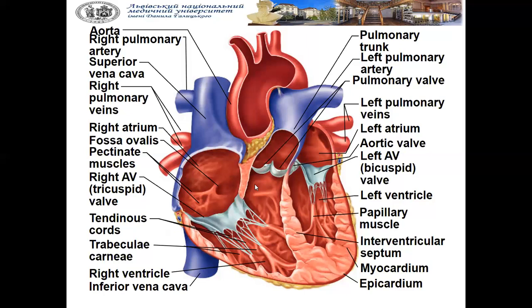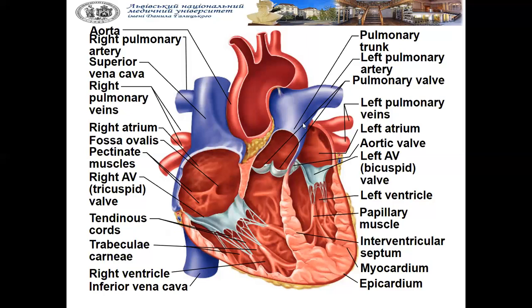Fine. Okay, then pulmonary veins. That's correct, because you can see that the pulmonary veins have red color, right? But they have the name veins. Why red color? Because they include clean arterial blood, but the pulmonary trunk includes venous blood, right? Okay, fine.